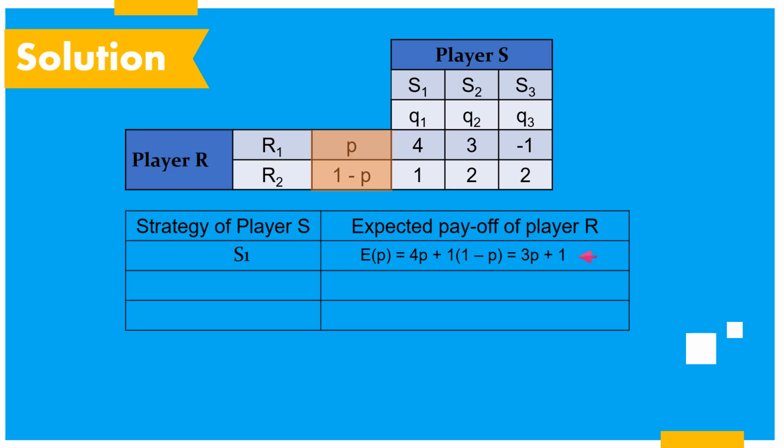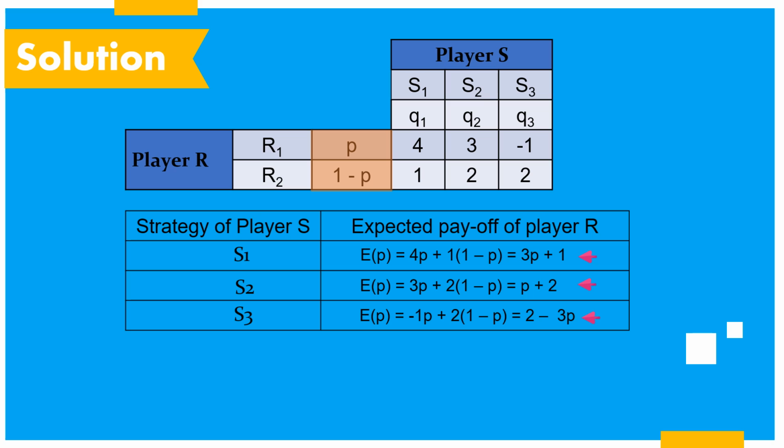If player S chooses S2, then the expected payoff for R is 3p plus 2 times 1 minus p, which gives us p plus 2. If player S chooses S3, then the expected payoff for R is negative p plus 2 times 1 minus p, which gives us 2 minus 3p.